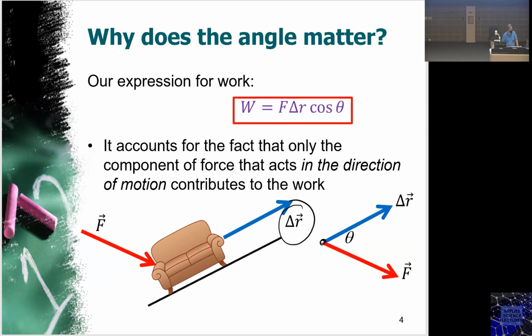You can redraw them such that the tails start at the same point, and then the angle in between is theta. This is the angle that you take when you calculate cosine theta. So in this case, W would be the magnitude of F times the magnitude of delta R times cosine theta.